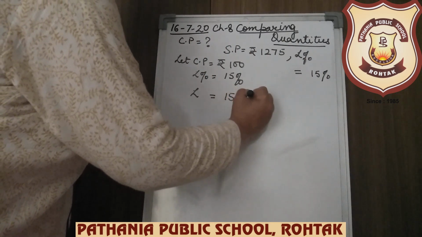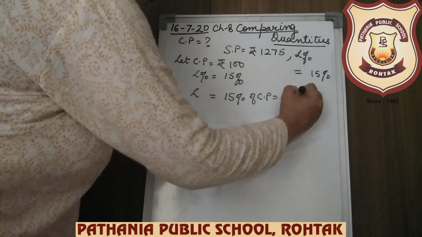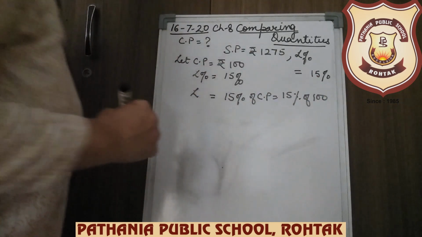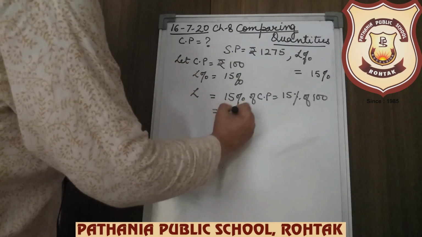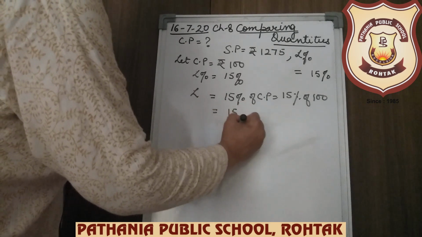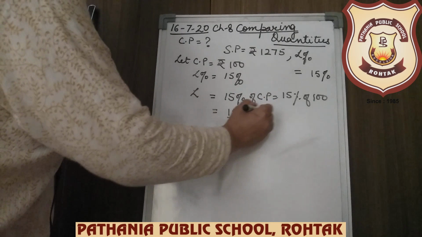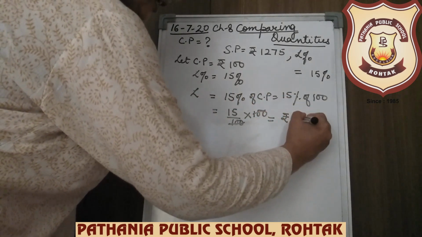15% of CP, which will be equal to 15% of 100. You have assumed this as 100, so I have written CP as 100. So this is going to be 15 upon 100 multiplied by 100. They get cancelled. So now your loss is rupees 15.